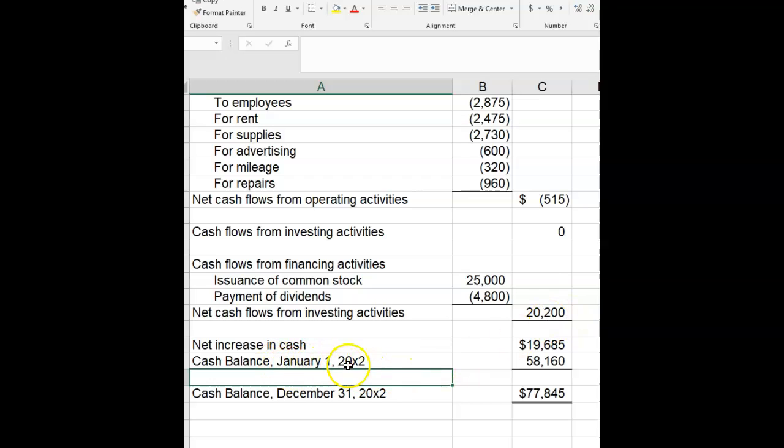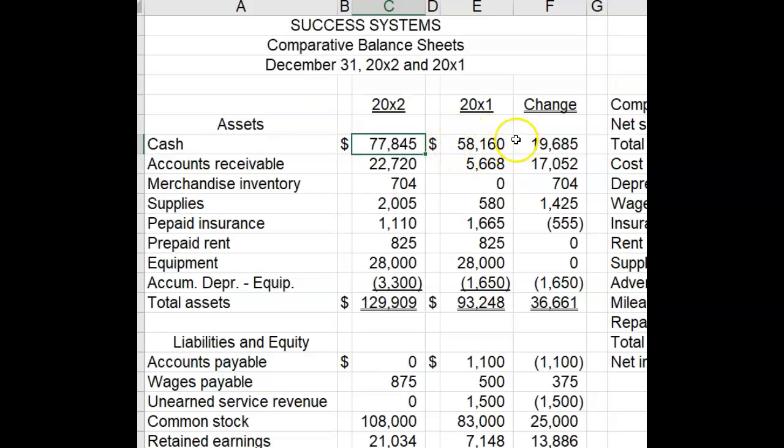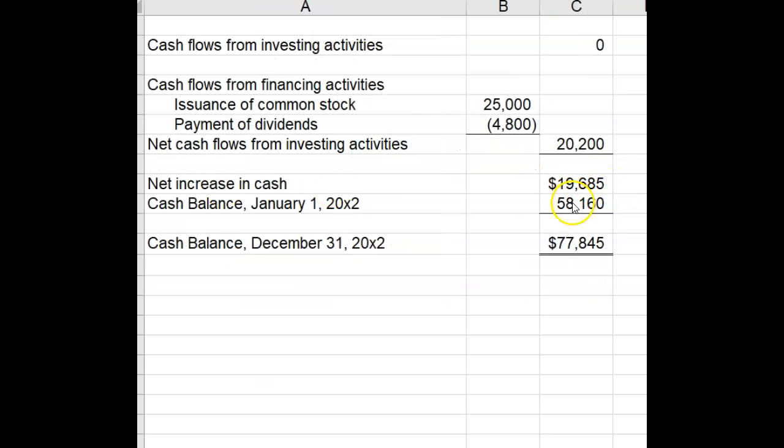The cash balance January 1st, 20x2 is last year's ending balance of cash. That came from the balance sheet. Last year's ending balance of cash was $58,160. Net increase in cash added to the beginning cash balance equals the ending cash balance.